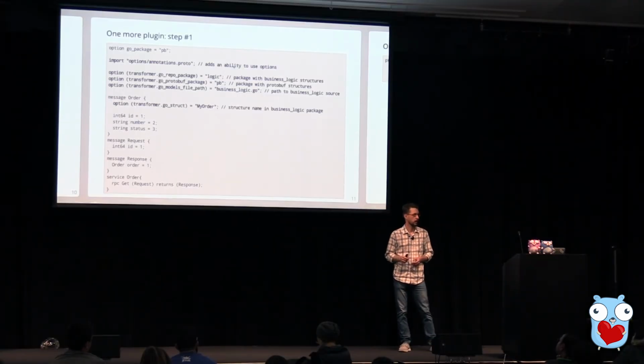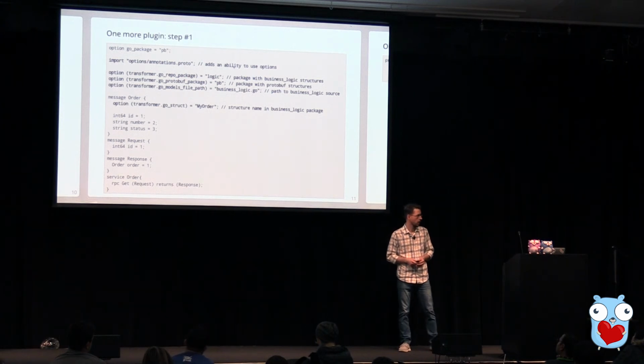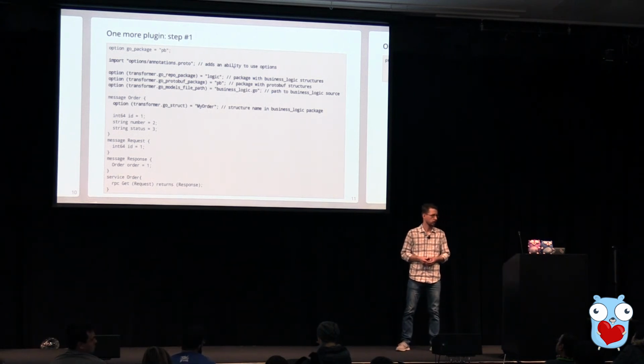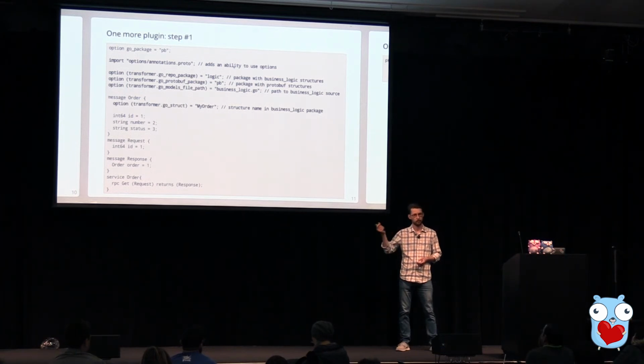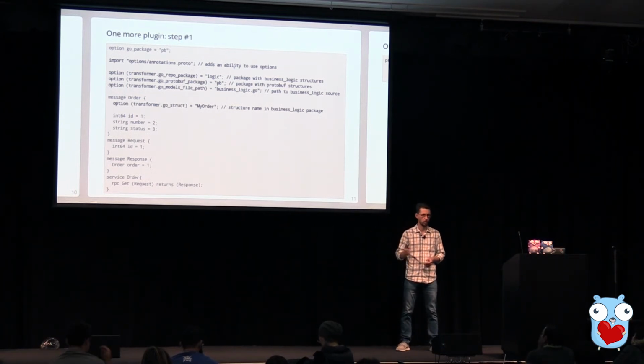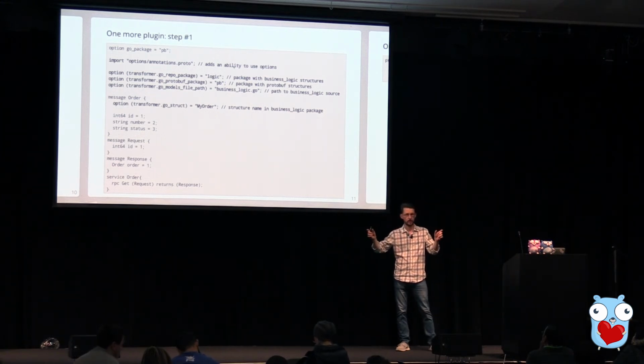The third option contains the path to the source file of our business logic, which contains our business logic structs. And on the message level, we have an option with the name of the struct from the business logic package. That's how these messages from protobuf and business logic structures are connected to each other.